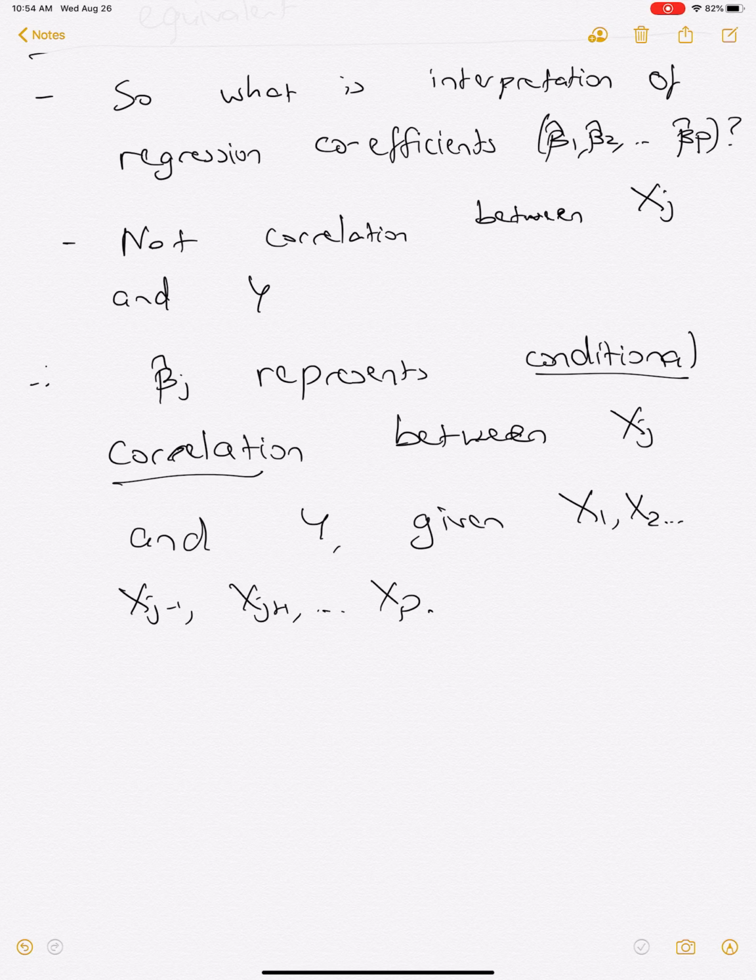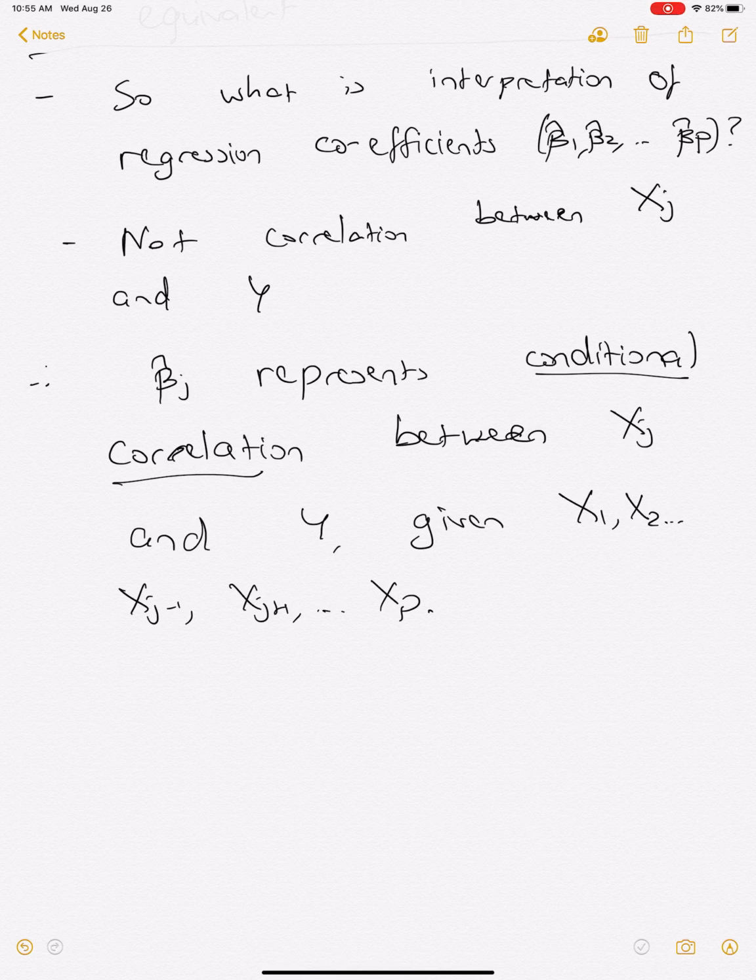So for example, if you're looking at a particular variable of interest and seeing what its relationship is to the response y, what the regression coefficient measures is what the correlation is if you condition on, or know what happens to, all other variables. And this is really important, and is why regression is, in some sense, a more useful tool than correlation.